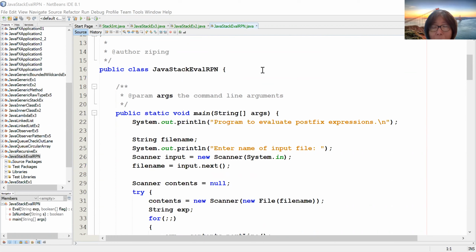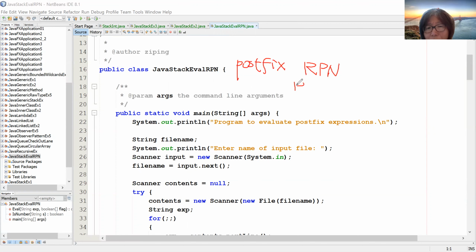Oh, regarding postfix, I forgot to mention another one. For the postfix, there is another name, we call it RPN. So postfix, a lot of times mathematicians also call it RPN.